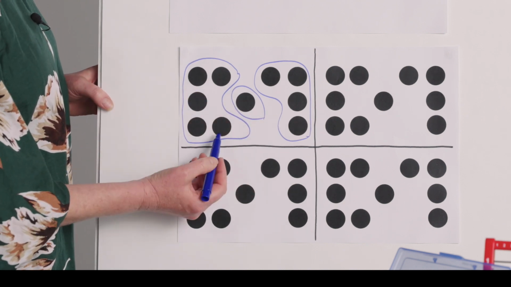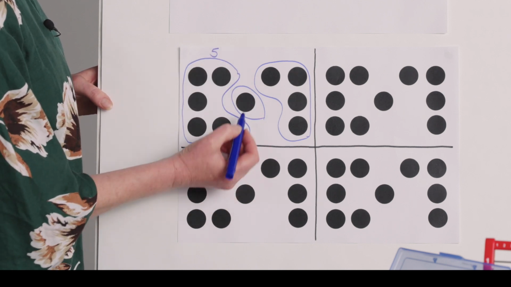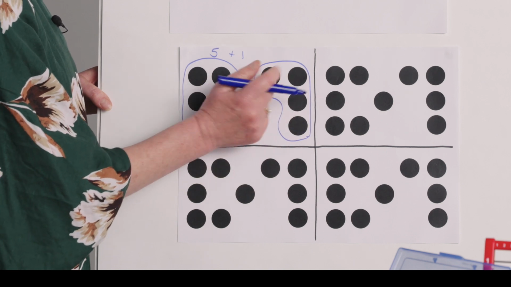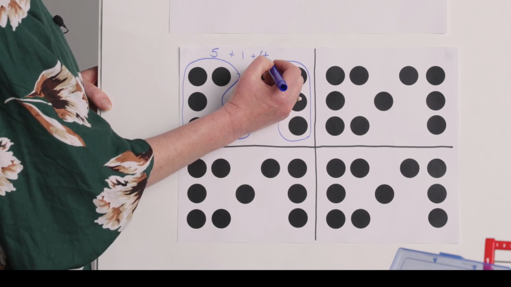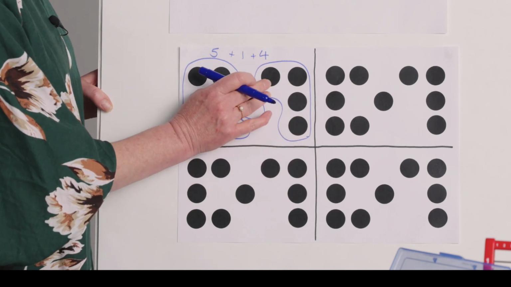So if I have a look at these dots, I can quickly see we have 5. I have 1 in the middle, and I can quickly see I have 4. And I did that quickly by knowing that that's 3 and adding a 1.